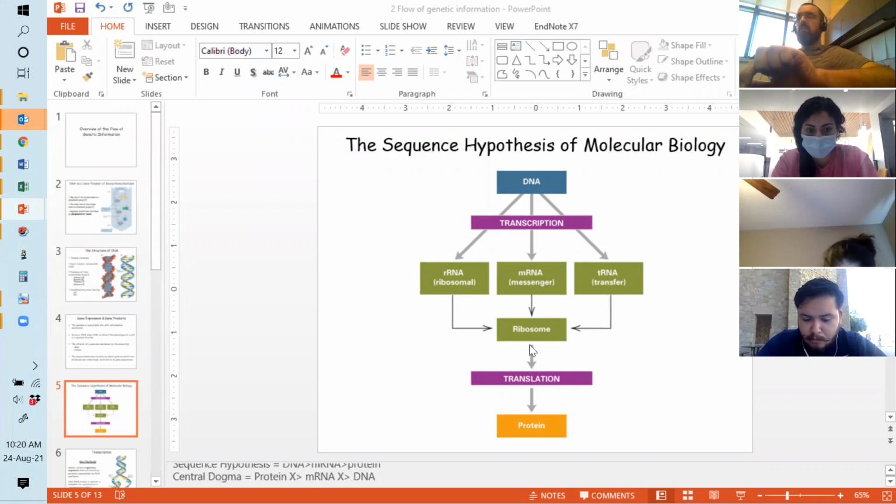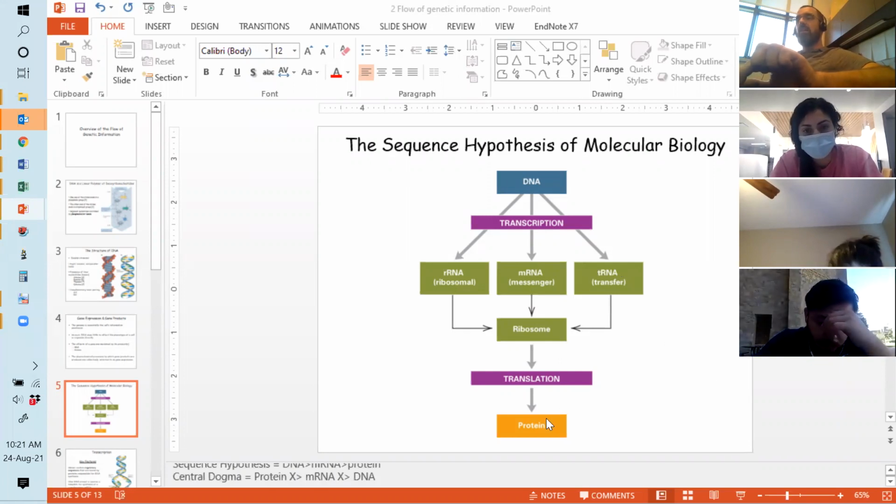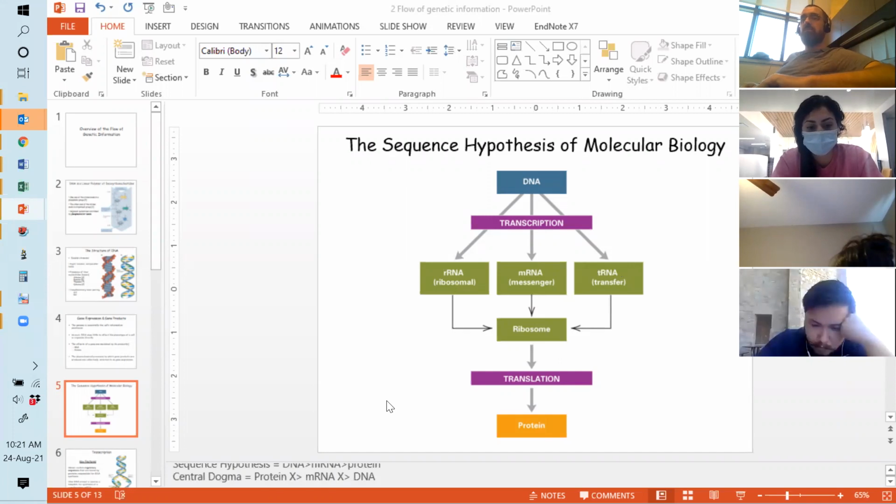All of those together, along with a whole bunch of proteins that create the ribosome, translate that mRNA into protein. That whole process is called gene expression, and that's typically how I'll be referring to it. I don't generally call it the sequence hypothesis because no one knows what I'm talking about.